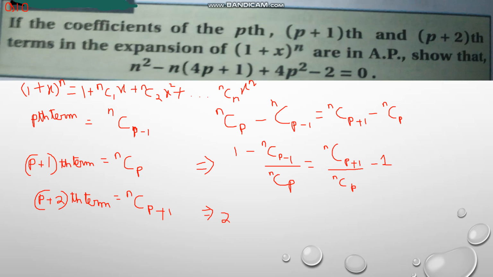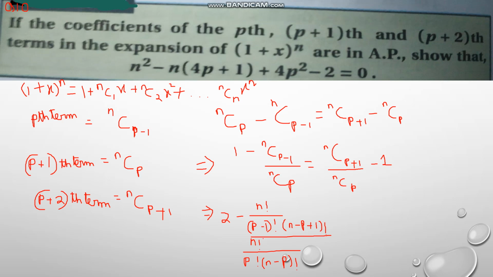We can write 2 minus n factorial by (p minus 1) factorial and then (n minus p plus 1) factorial, this is the numerator in the second term, and another n factorial divided by p factorial and (n minus p) factorial.